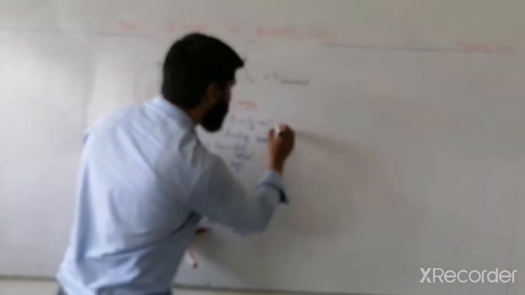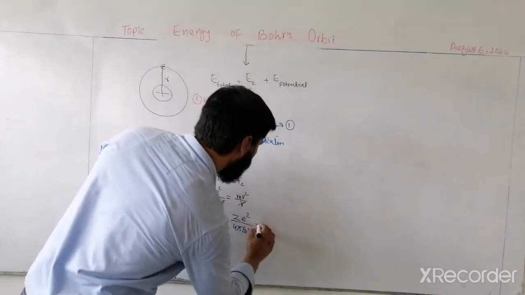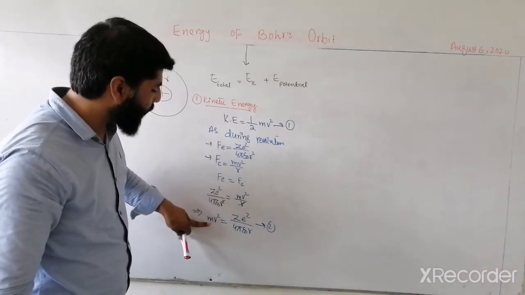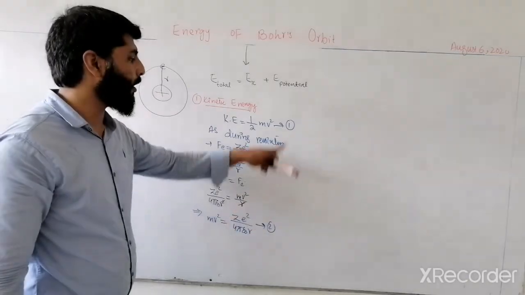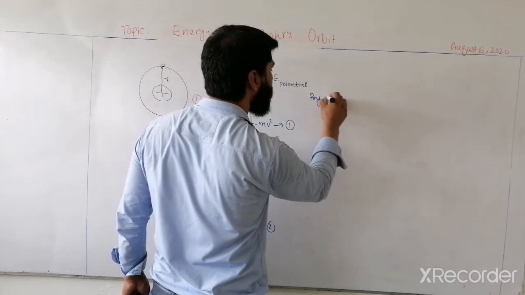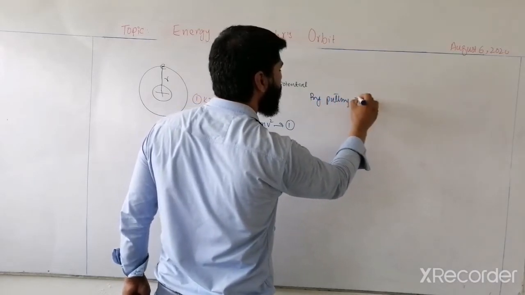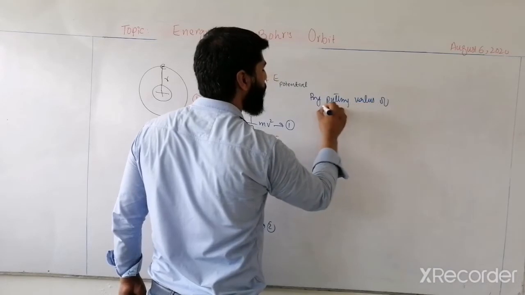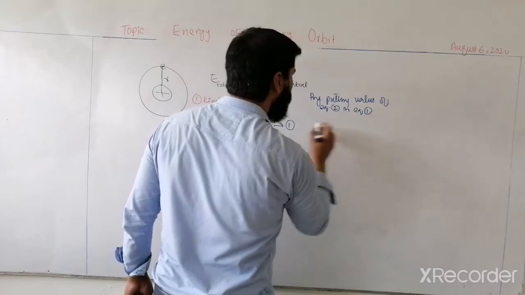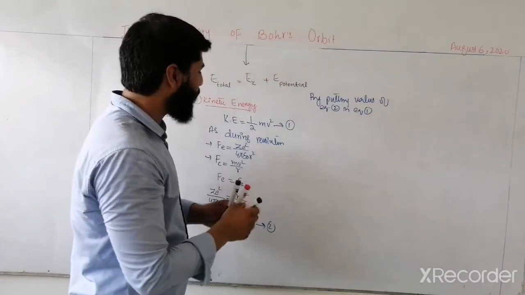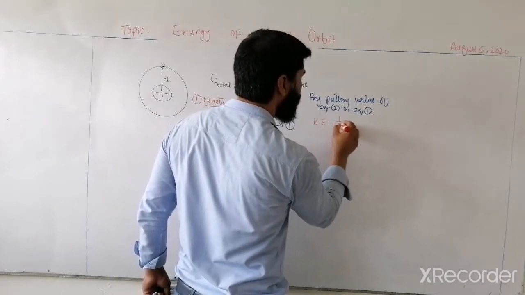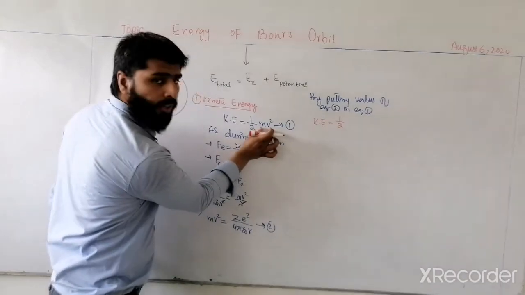Now you can put this value in equation 1. By putting the value of equation 2 in equation 1, the equation will become kinetic energy equal to 1 by 2 into the value of mv square.